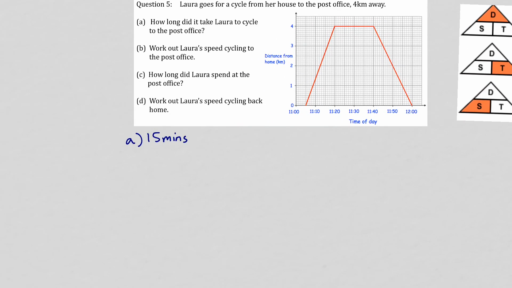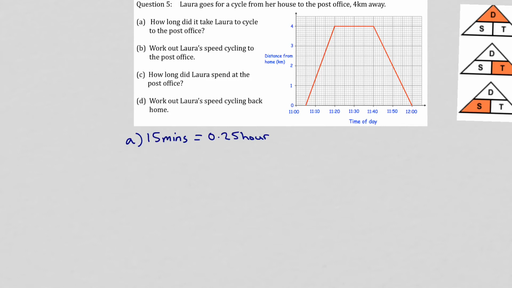Okay, so 30 minutes is half an hour, 15 minutes is a quarter of an hour. So in terms of a decimal, okay, it's 0.25 of an hour. Okay, it's 25% of an hour, and we change that into a decimal. It's a quarter as a fraction, and we change them both into decimals, we get 0.25.